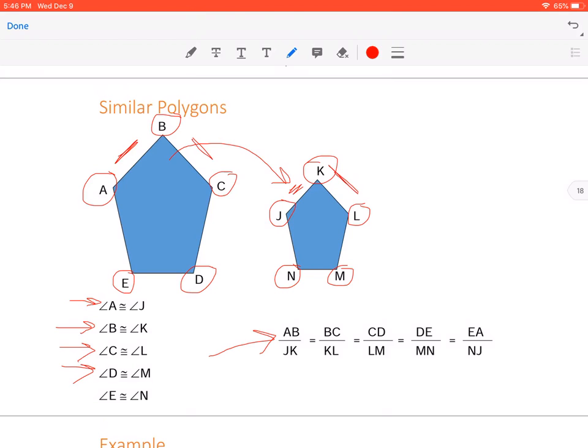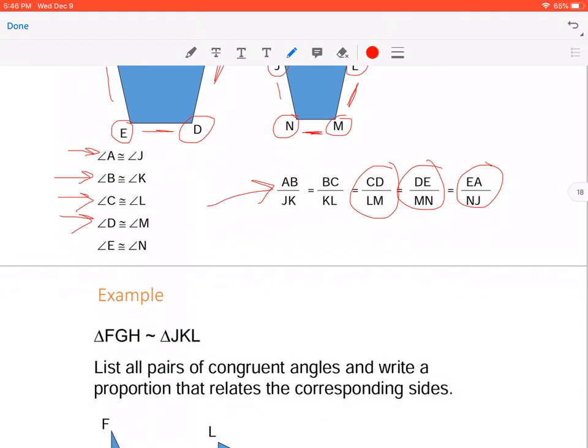So maybe it's half the size, maybe a third, maybe a fourth, but it's the same proportion. CD and LM right here, same proportion. All you got to do is find the match. DE and NM, same. And the last one, EA and JN, still the same. Alright, so the sides become proportional, the angles don't change.